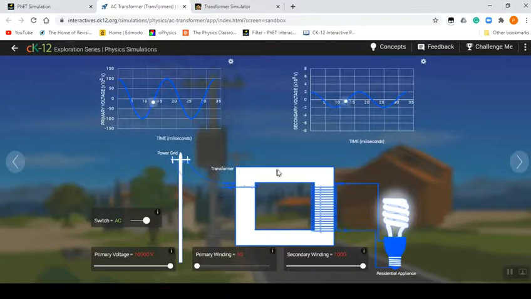The current induces a magnetic field. Every time the current changes, the magnetic field changes, and that changing magnetic field induces an alternating current on the other side. So this has to be alternating current. And by doing that, we can increase the voltage and decrease the current.